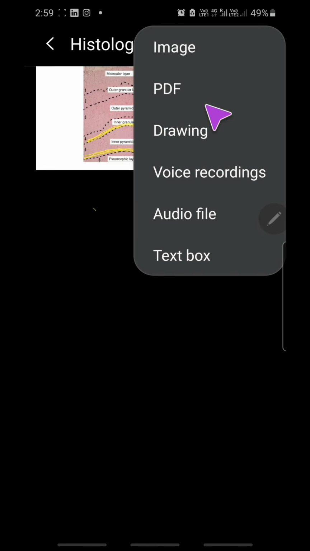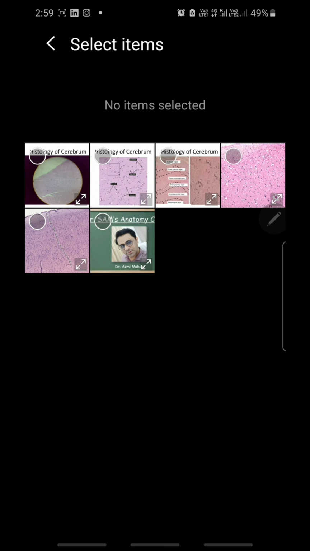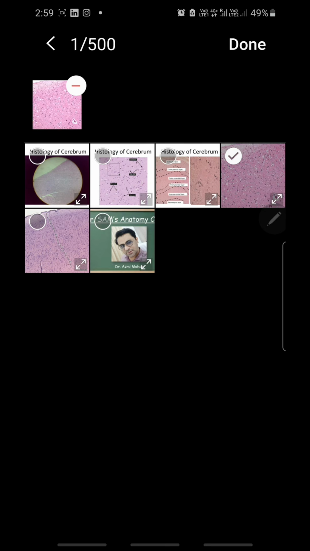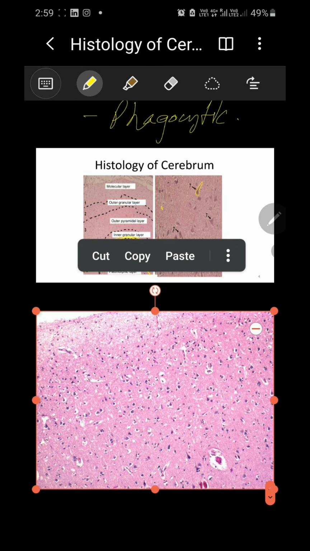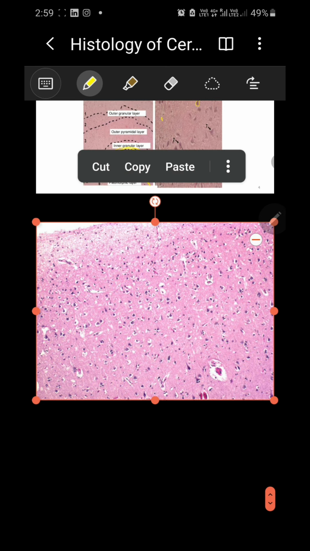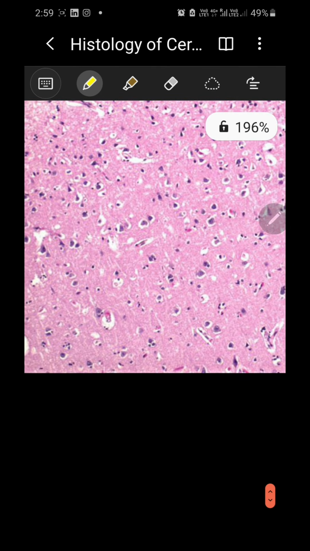Okay, so now let me include one more slide so that I can describe it even better. What do you find here? Now look here, this slide is a little better. Why?